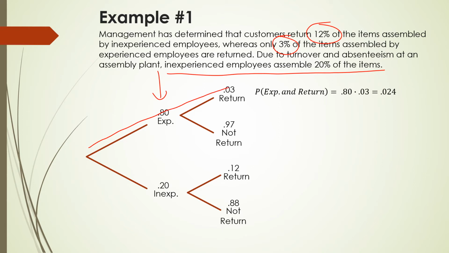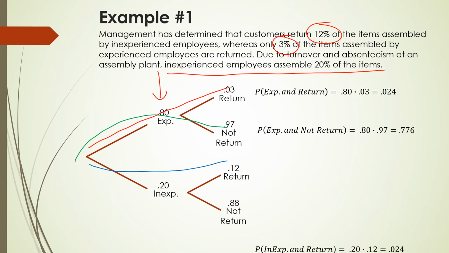So notice I did 0.8 times 0.03. That branch represents experienced items that are returned. If I want to go to the next one, it's still multiplication that needs to happen. That one represents experienced and not returned. And then you can just go on through.